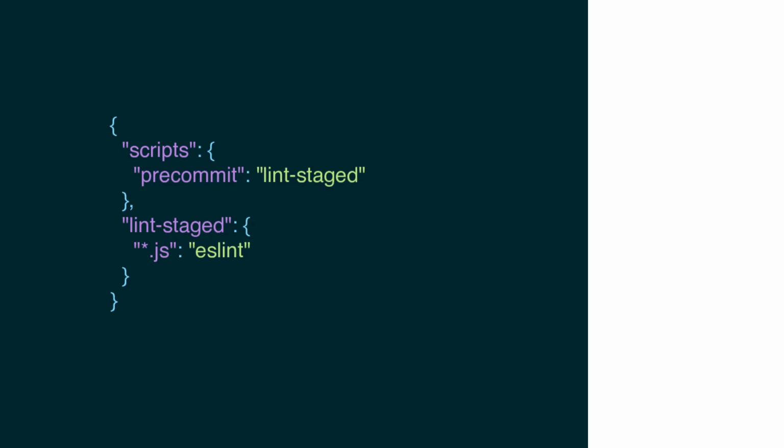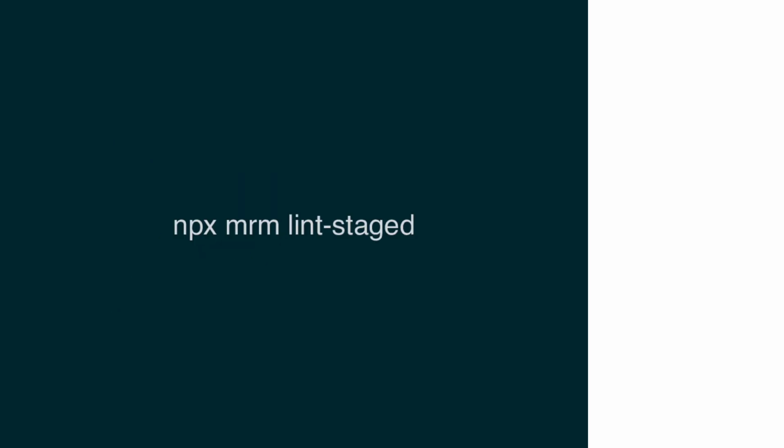Just run this command, and it will detect if you're already using ESLint. It will just install everything for you. It's much easier and simpler. Thanks to Artyom, who is also here in the audience. He created this MRM thing. I don't know what the name stands for, but it's cool. Short. Yeah, probably. I don't know what it is.